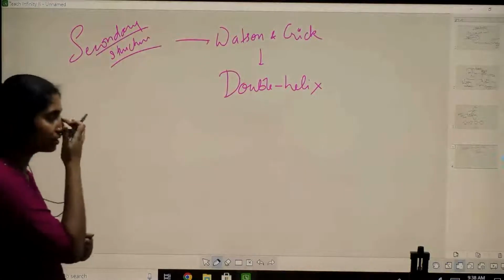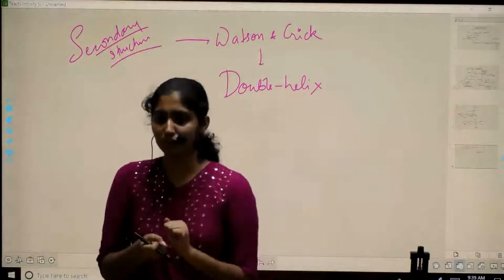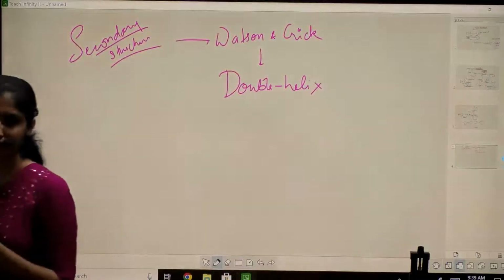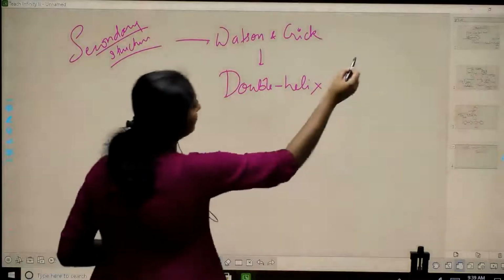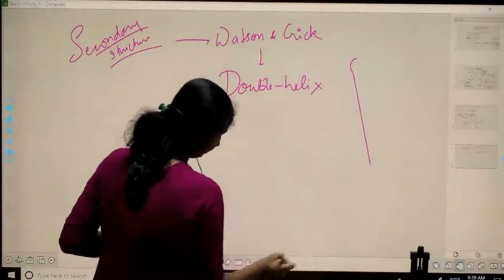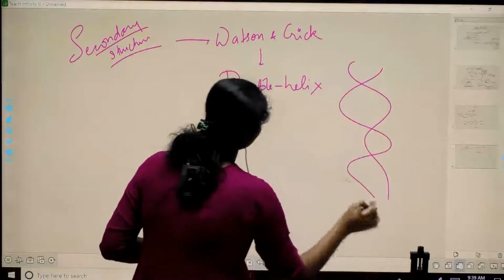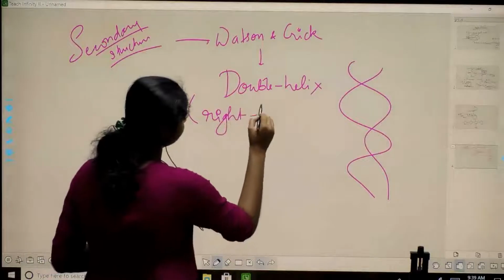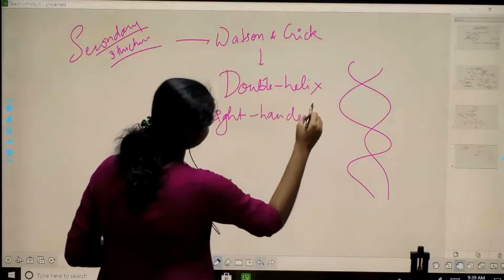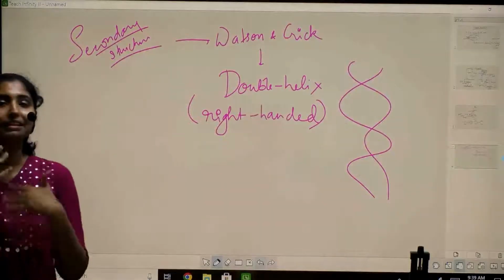So in primary structure, DNA is made of all these nucleotides that are connected to each other with the help of phosphodiester bonds, whereas in case of the secondary structure, DNA exists as a double helix. Now this double helix is right-handed. In the secondary structure itself, DNA can exist in different conformations.